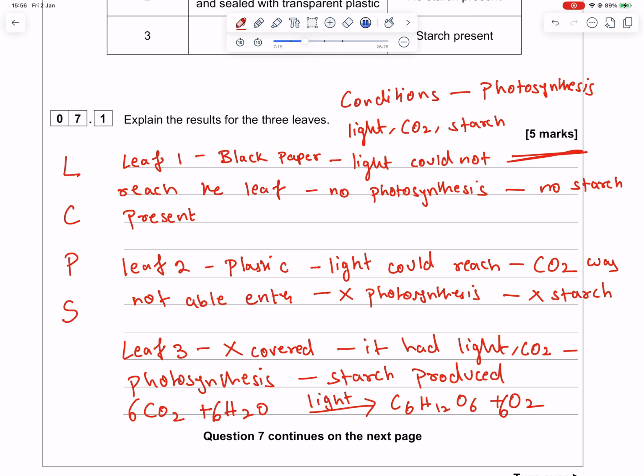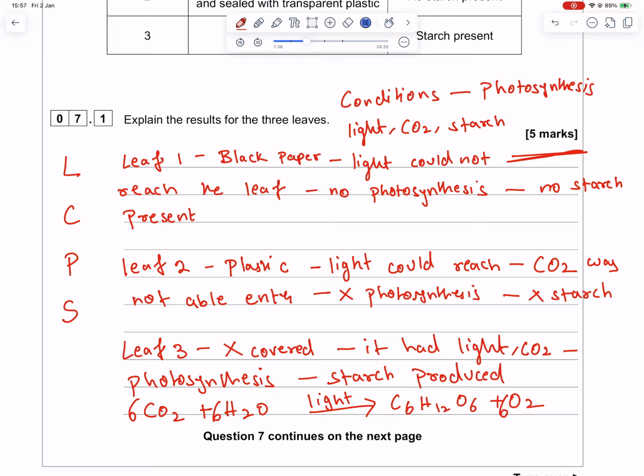Now, L for light, present or absent. It makes a difference. If the light is present, you can expect photosynthesis to happen, but the other factors have to be present as well, such as C for carbon dioxide. Remember, light and carbon dioxide both must be present for photosynthesis to take place.